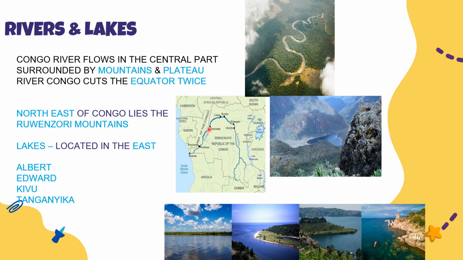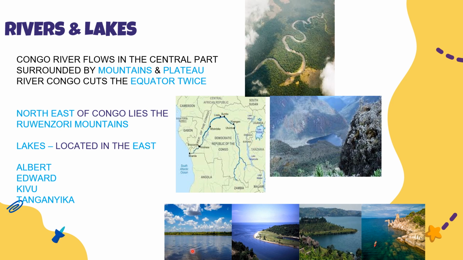Okay, and if you take the rivers and lakes which flow through this region, mainly the Congo. Congo is the largest river which flows through this country, through the central part, and it is surrounded by mountains and plateaus. There is a mountain called Ruwenzori Mountains which lies to the northeast of Congo.